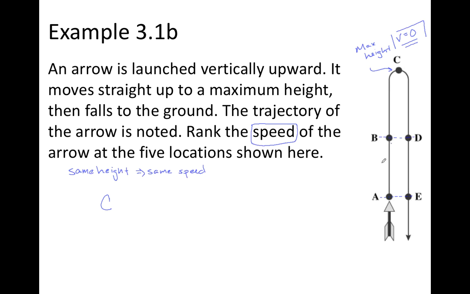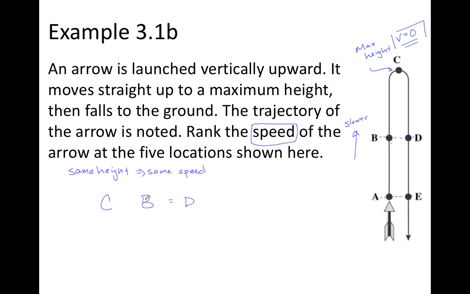So A and E are going to be tied, B and D are going to be tied. Well, obviously, as we move upwards, the object becomes slower. So B and D are going to be tied for, I guess you would describe it as, second place.